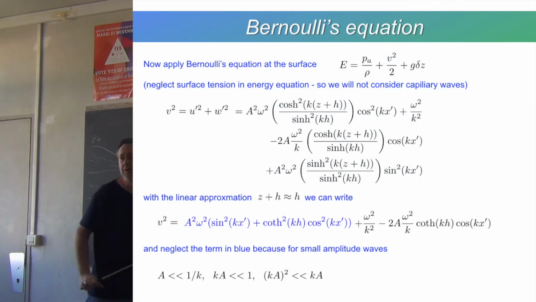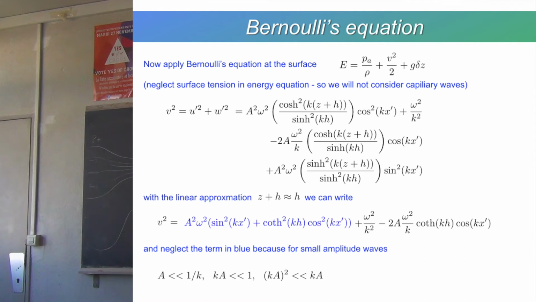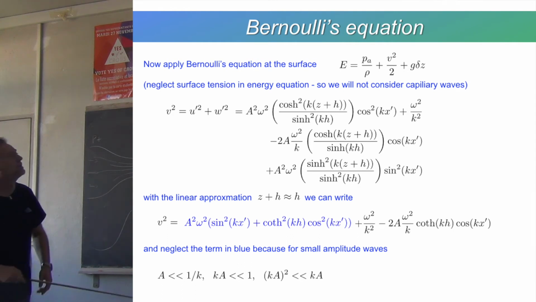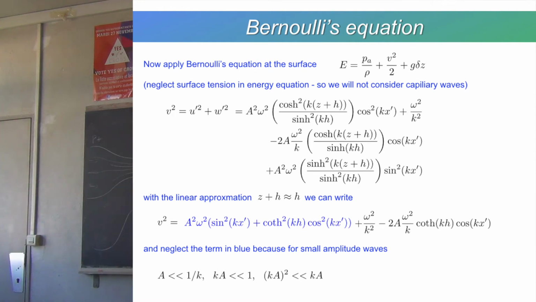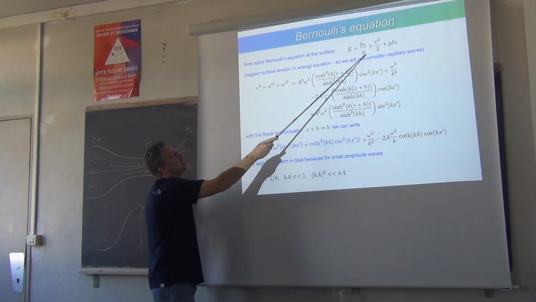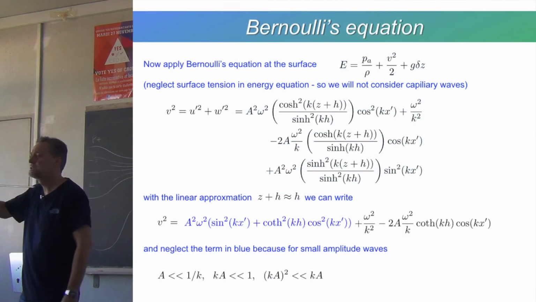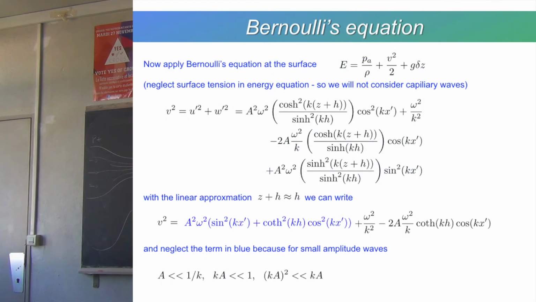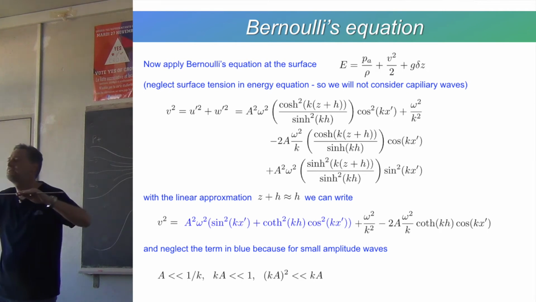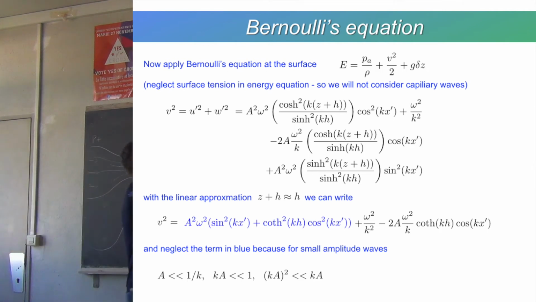So remember, Bernoulli's equation is the conservation of energy. So we have some energy here, which is the pressure. Now, this is the pressure work term, but I've just called it PA. It's the pressure of the atmosphere. What we're going to do is apply Bernoulli's equation at the surface, right? So at the surface, the pressure is just PA, the pressure of the atmosphere.